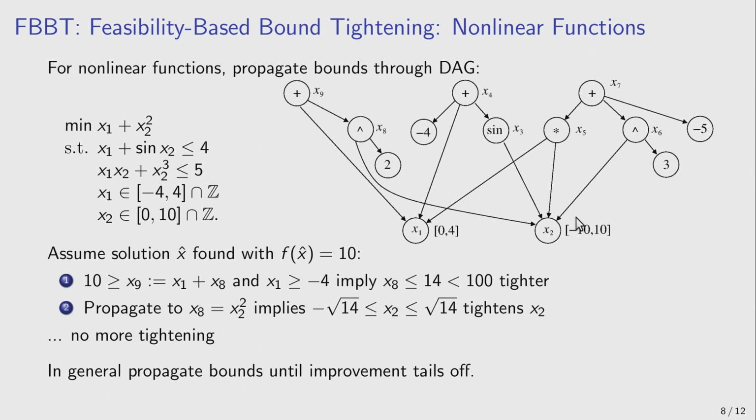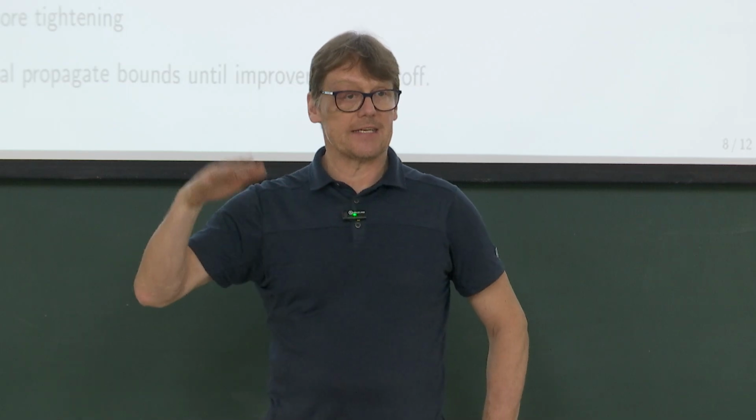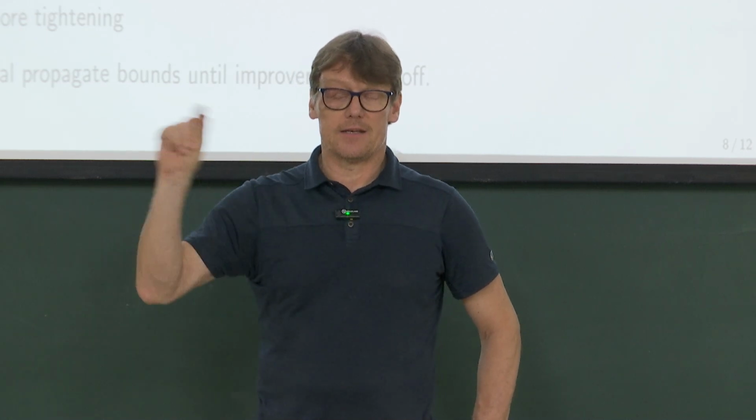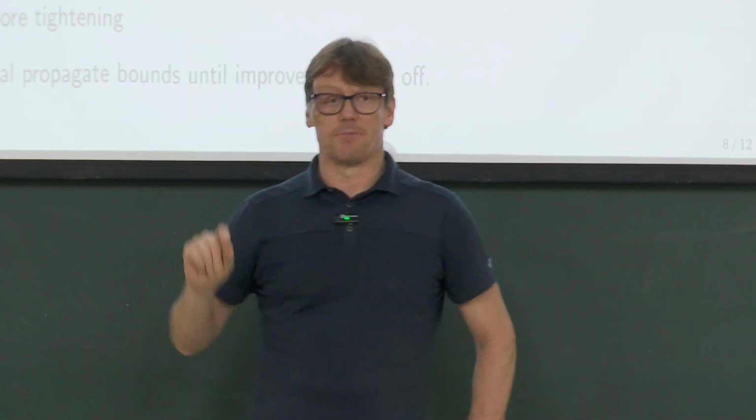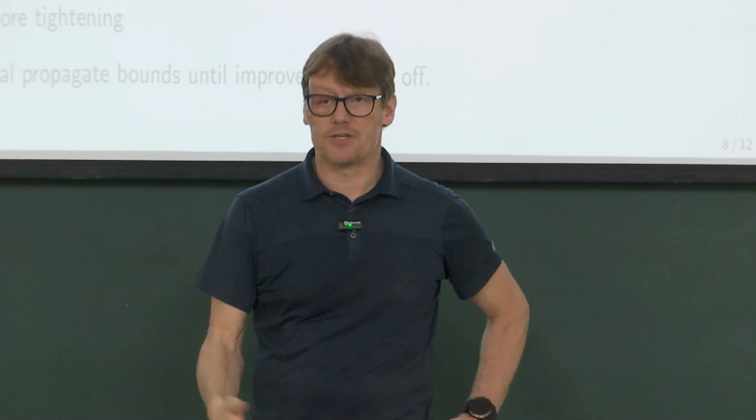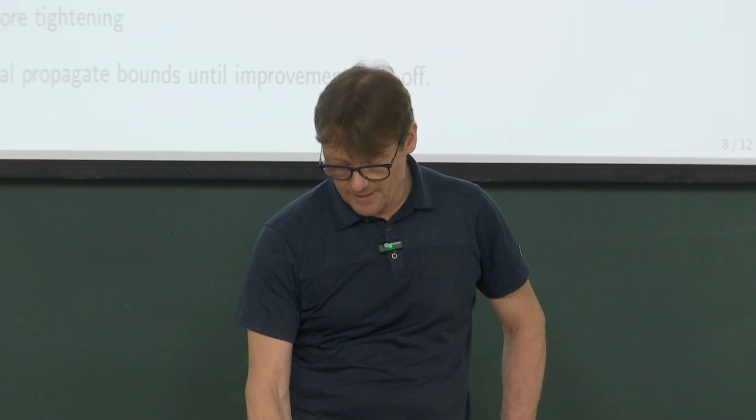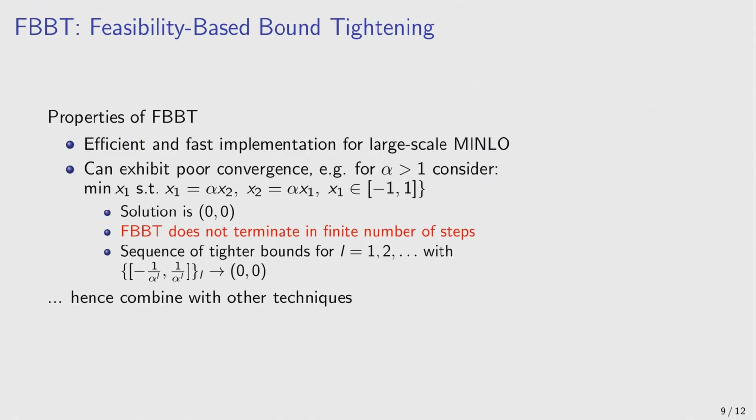And there's lots of tightening you can do, and typically we would do this bound tightening until it no longer gives a large improvement. So you would monitor by how much you're reducing these intervals, and when there's a trailing off, then you would stop doing this. So this is very fast and efficient to implement because you're just walking through the computational graph.